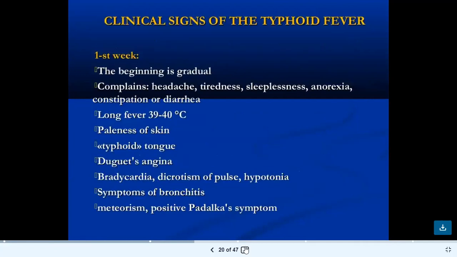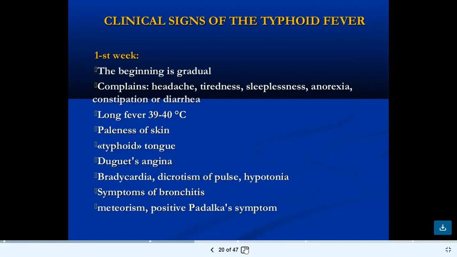Clinical signs of typhoid fever. In the first week the beginning is gradual. Complaints are headache, tiredness, sleeplessness, anorexia, constipation or diarrhea. Long fever, about 39 to 40 degrees Celsius, and the skin becomes pale, and the Duguet's angina, we have discussed this in the class.